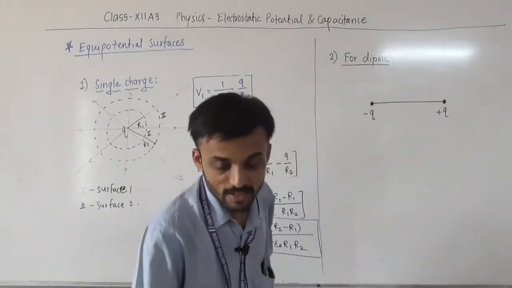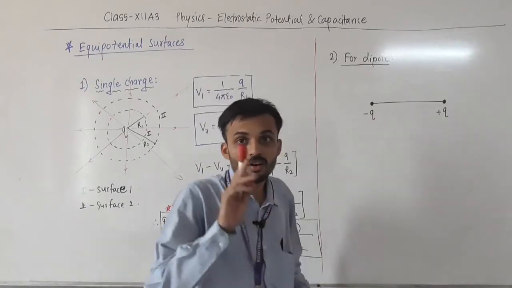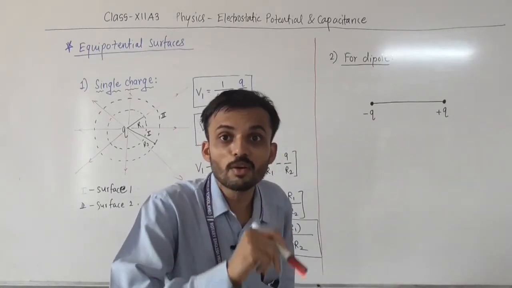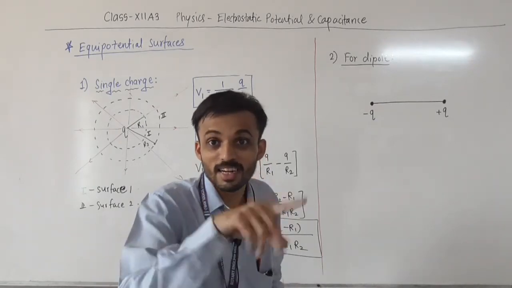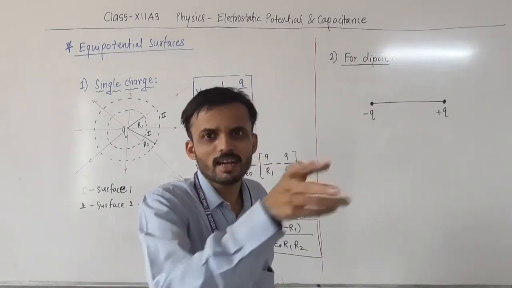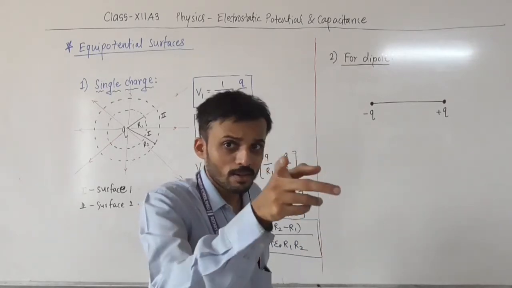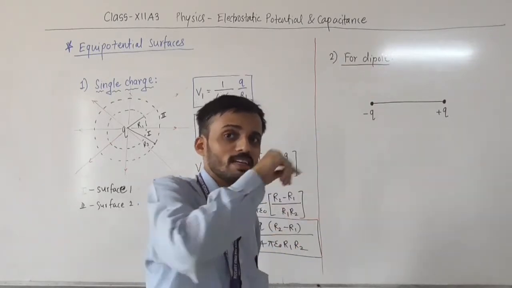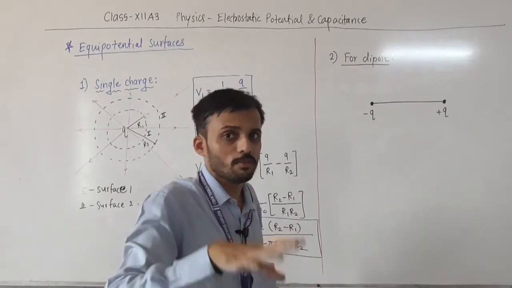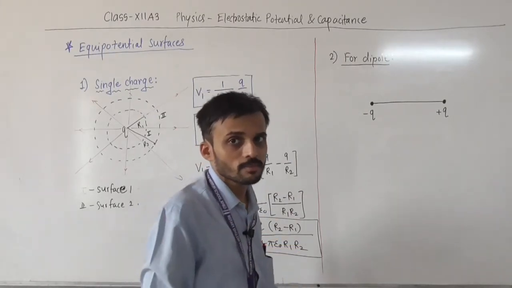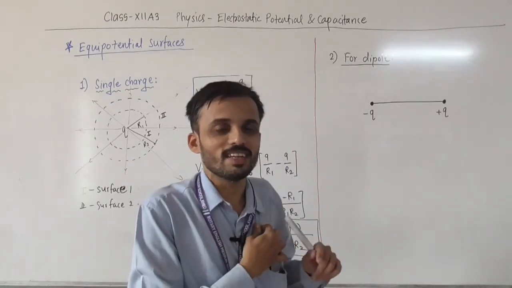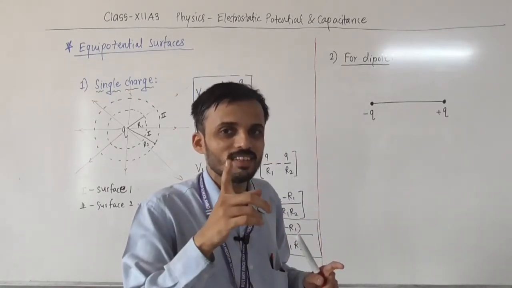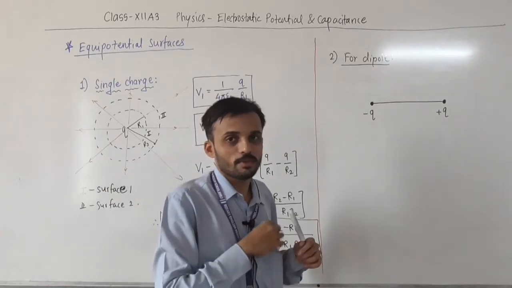So potential on the equatorial line of the dipole is 0. पलट के देखो, 2-3 लेक्चर के पहले या कल ही दिया होगा मैंने, उसको पलट के देखो. I have given you for the dipole.